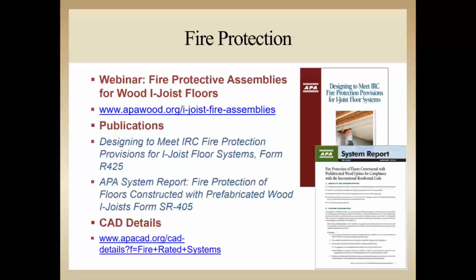Now, both the 2012 and 2015 versions of the International Residential Code, or the IRC, include fire protective membrane requirements to enhance the fire performance of residential floor systems. The APA has a wealth of information about designing I-Joist floor systems to meet the IRC requirements, including a recorded webinar you can watch online, as well as downloadable publications and CAD details.